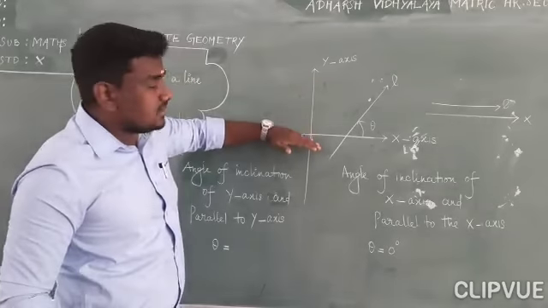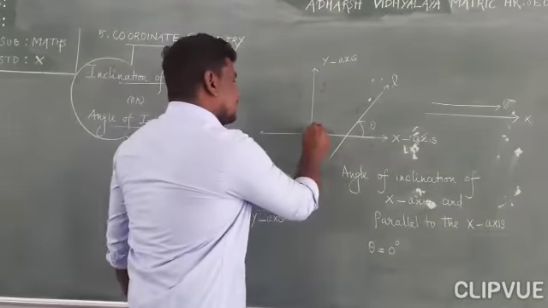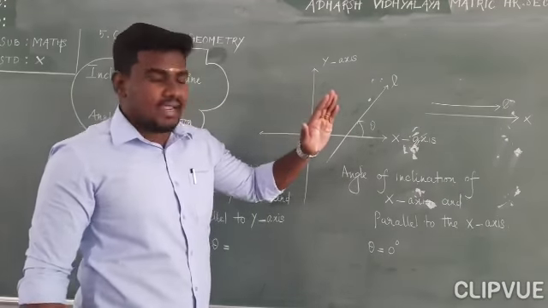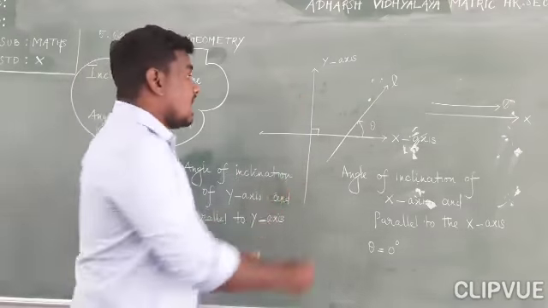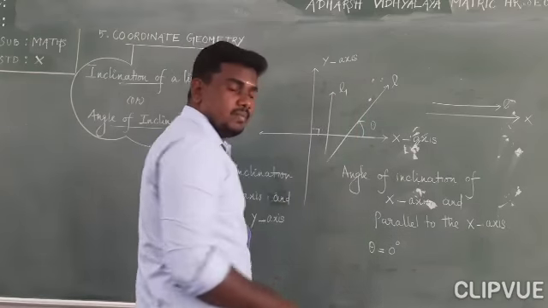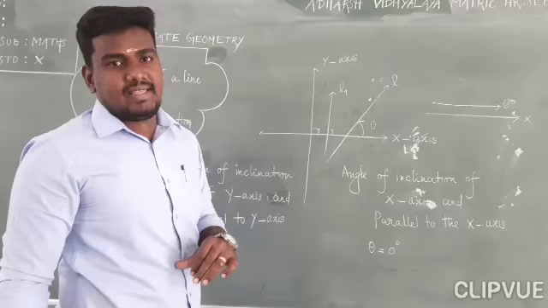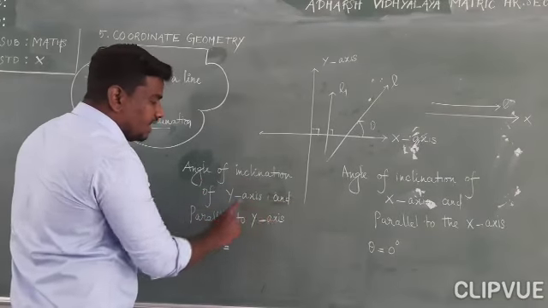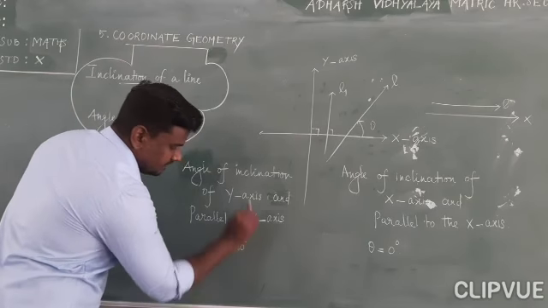See, this is the y-axis. The straight line meets the x-axis at 90 degrees. If we imagine that the straight line lies on the y-axis, or is like this, it makes an angle of 90 degrees with the x-axis. Therefore, the angle of inclination of the y-axis and of lines parallel to the y-axis is theta equal to 90 degrees.